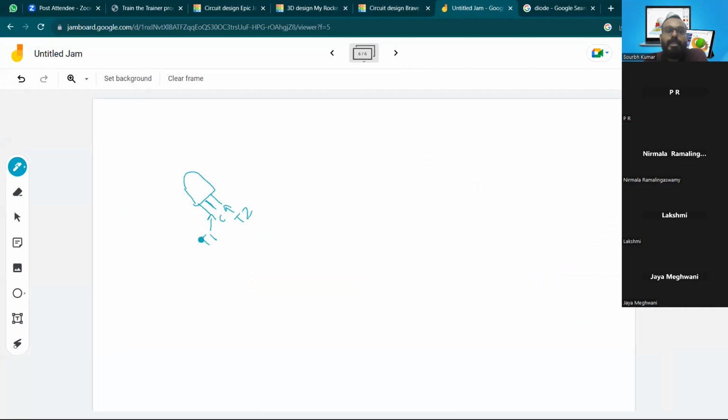I broke a lot of potentiometers, so I know exactly what is happening inside. It is like this: we have a middle point, and one pointer is connected to this one node. This one is the node.